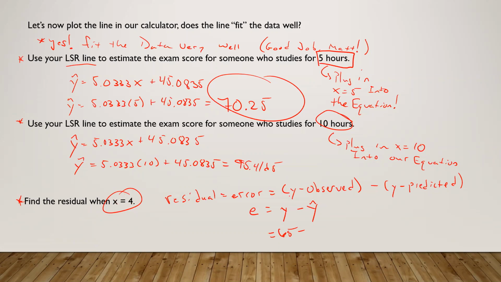So the actual observed value the person got was a 65. Let's find out what the model says the person should have got. So y hat is equal to the slope times the number of hours they're going to study. Well, they're going to study for 4. Just like this. If you plug this in your calculator, you'll end up getting 65.2167.